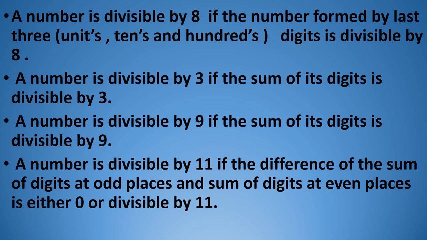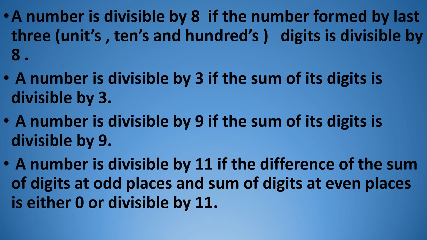What we have to do is find out the sum of even place digits and the sum of odd place digits, and then find out their difference. If the difference is 0 or divisible by 11, then the number is divisible by 11, otherwise not.